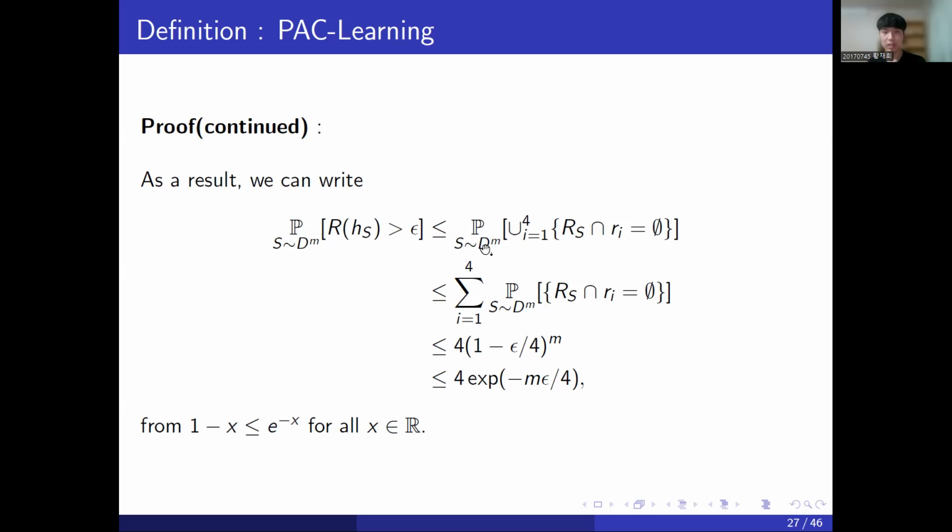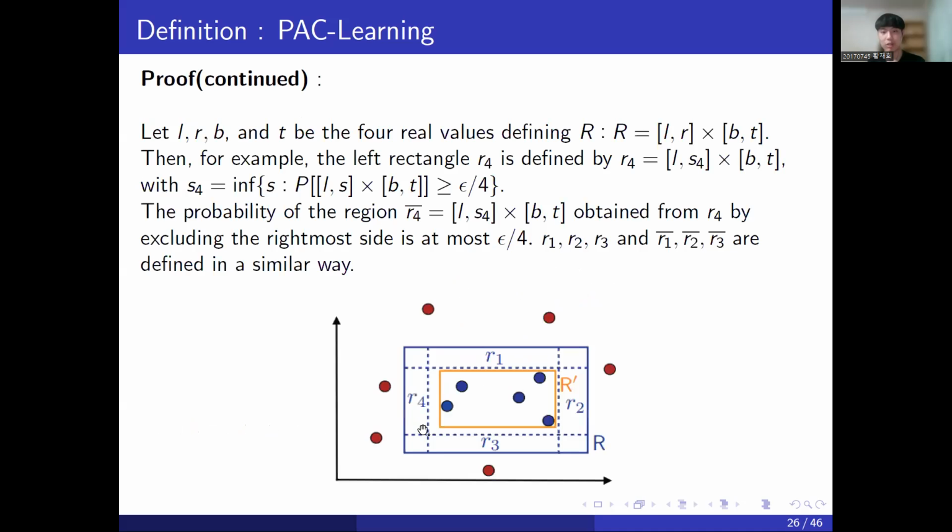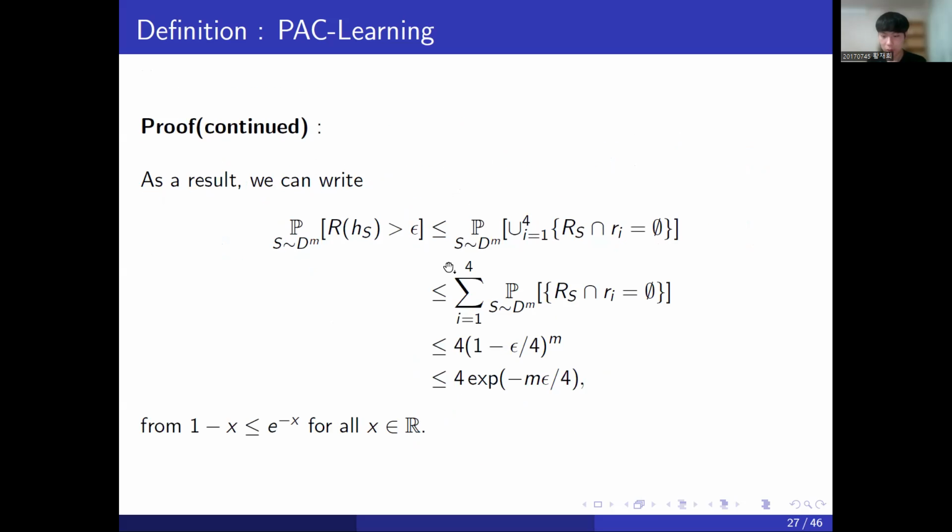Trivially, the union of the four terms is less than or equal to the summation of the four terms. Why is this less than or equal? Because these regions are double counted, so it is less than or equal. Anyway, by the previous definition, this probability is less than or equal to 1 minus epsilon over 4. And as we said, there exist m independent points, so we can write it as this.